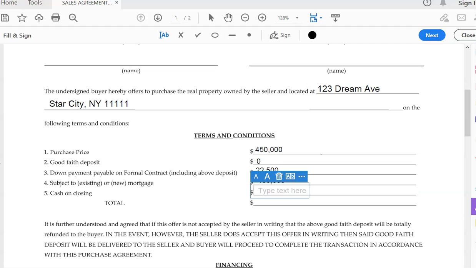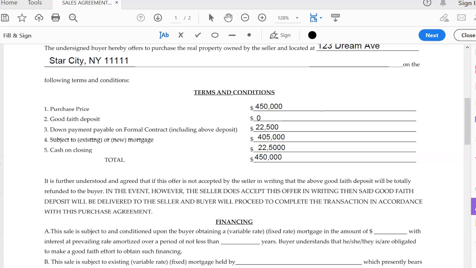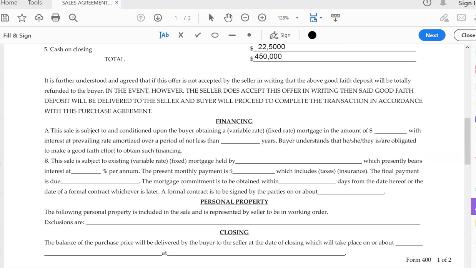So the buyer would have to come to the closing table with the rest, cash at closing, which is the other $22,500. And that all totals the $450,000. So we have our terms and conditions filled out.